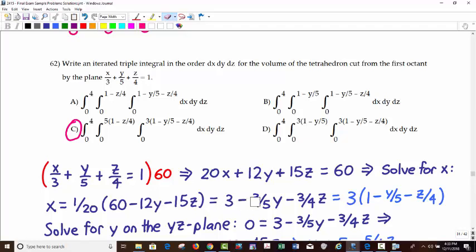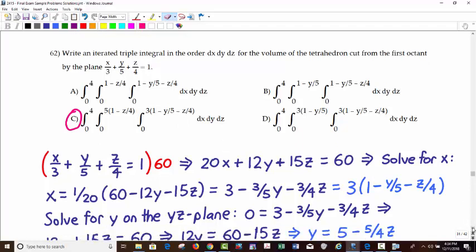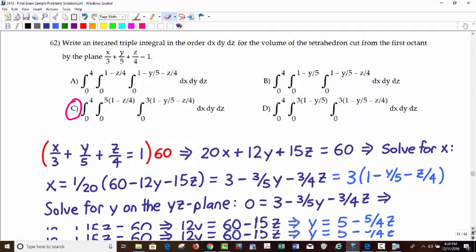And then it's 3, and then 12 over 20 is 3/5, and then minus 15 over 20, which is 3 over 4 z. Of course, that's also correct, but to match the answer, it needs the 3 factored out of there. So we narrowed it down to either C or D here, so the 3 is just factored out. That's the way they chose to do it. It wasn't necessarily one way better than the other, but they did pull the 3 out, so we had to do that.